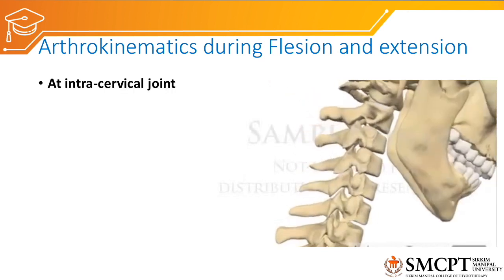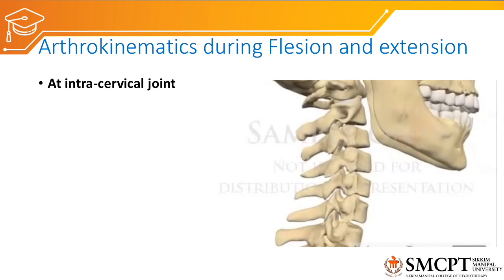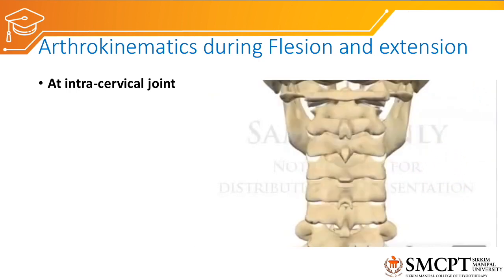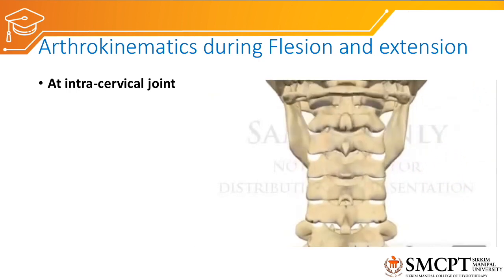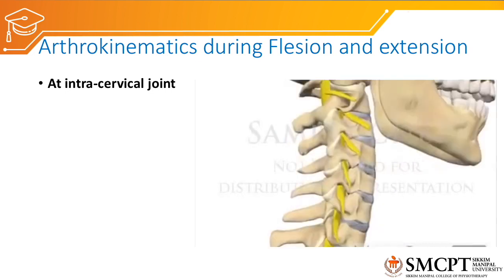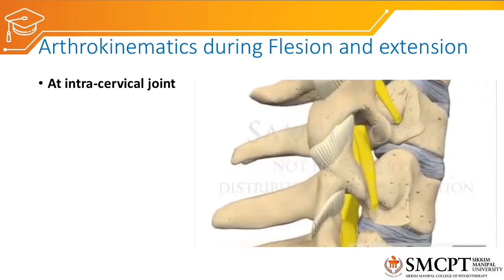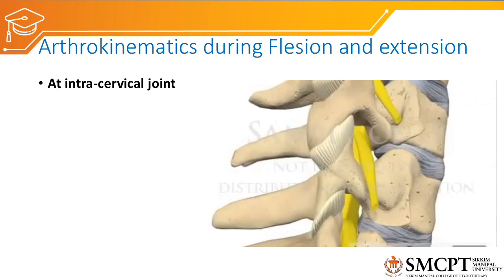For the intercervical joints from C2 to C7, the joint is mainly the epiphyseal joint, or the facet joint. The facet joints are nearly flat, therefore they will slide on each other. The inferior articulating facet of the superior vertebra will slide on the superior articulating facet of the inferior vertebra.